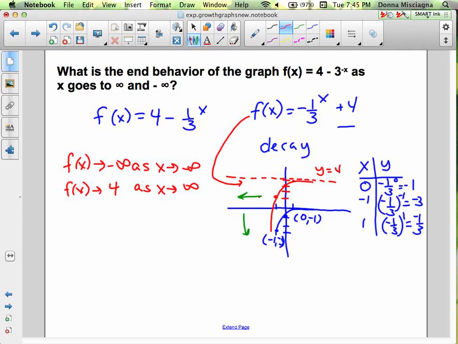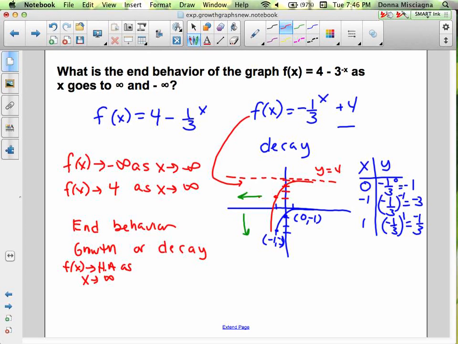So really all you've got to do first of all is figure out growth or decay. On these problems, when you're looking at end behavior, figure out growth or decay. For growth, the function moves towards the asymptote as x approaches infinity.